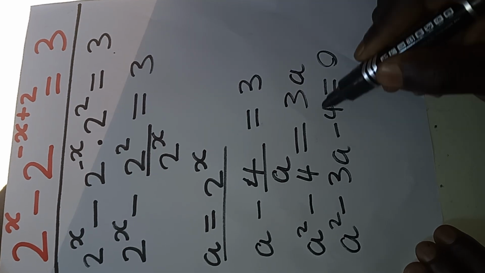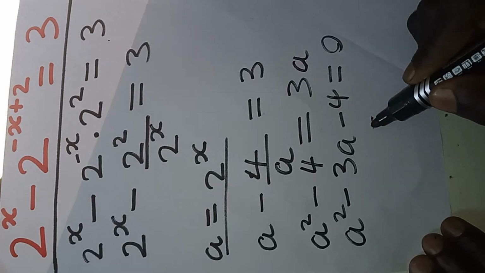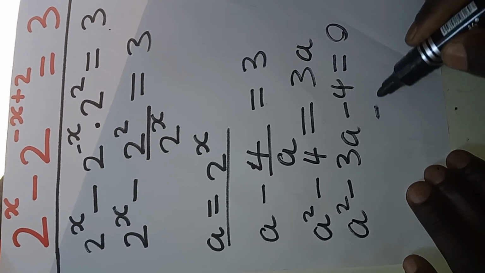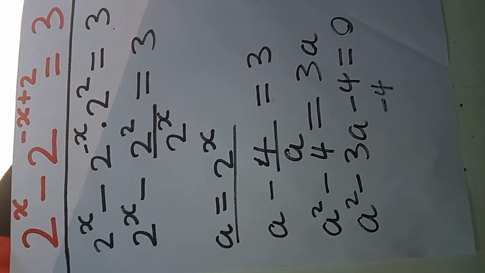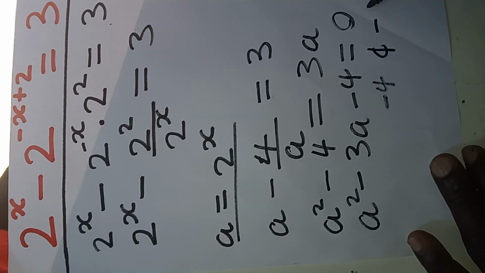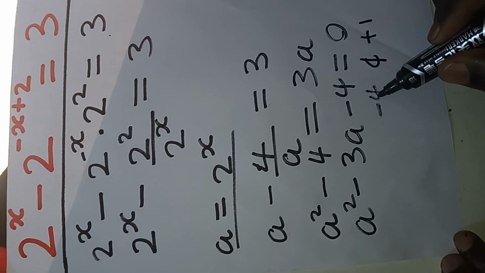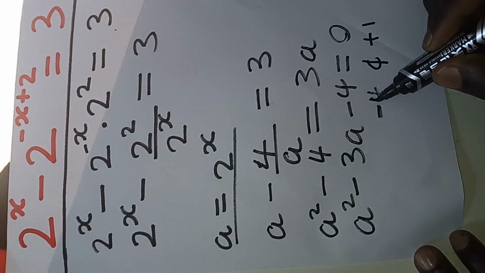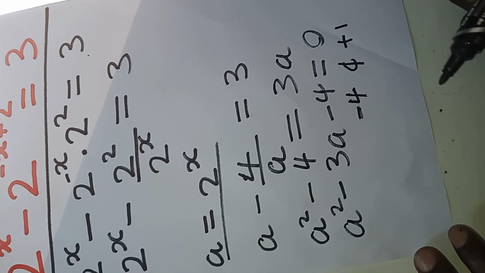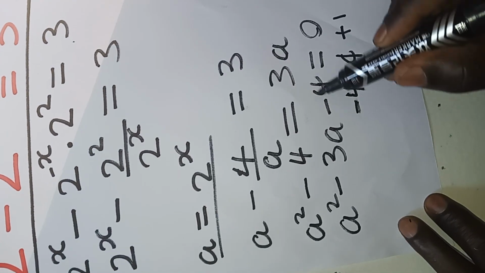Those two numbers, as I can see, are a minus 4 and a positive 1. If we multiply minus 4 by 1, we get minus 4 here.